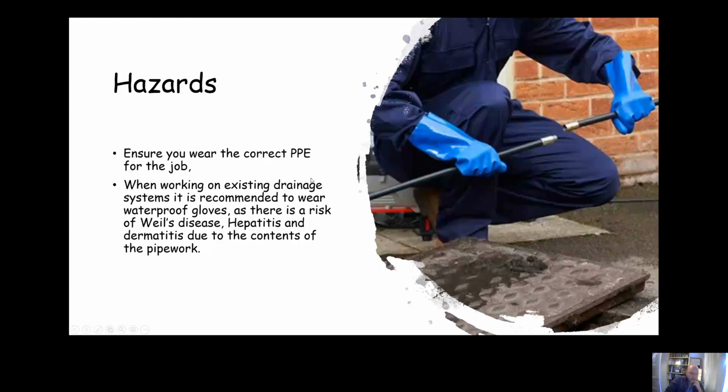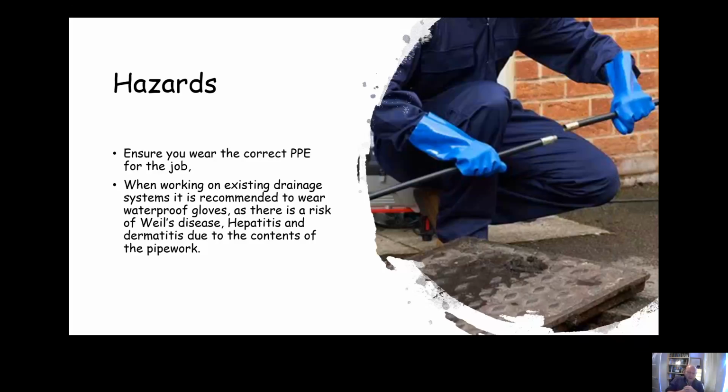Okay, so what are the hazards? Mainly, the main hazard for drainage systems is the risk of infection. Again, there's a risk of Weil's disease, which comes from the urine of different animals, maybe foxes, and I think potentially cows as well. It's a parasite essentially, which can get into your bloodstream, and it causes flu-like symptoms, which could eventually lead to death.